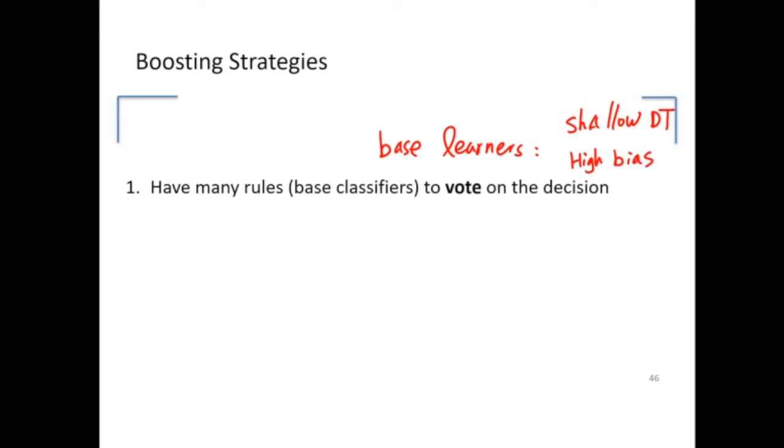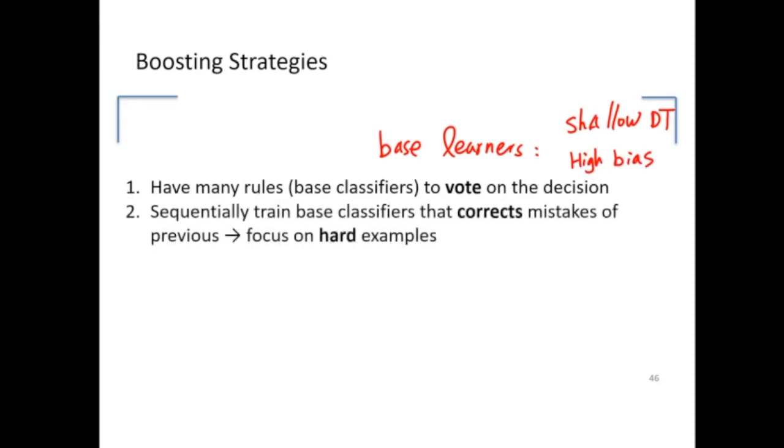So then you sequentially train a base classifier to correct the mistakes of previous rules. So now we don't do bootstrap of my training data. I just work on the same training data, but I'm training a sequence of base classifiers.